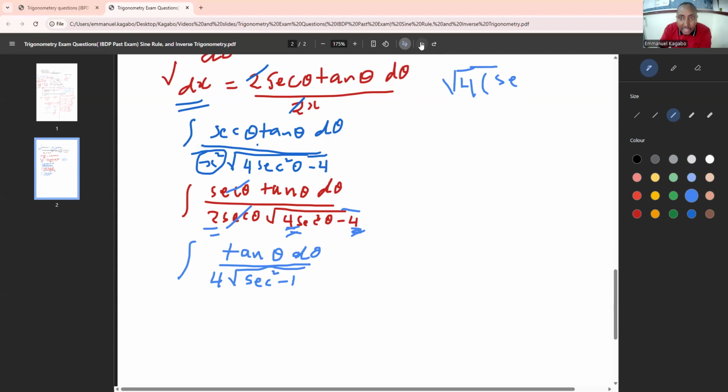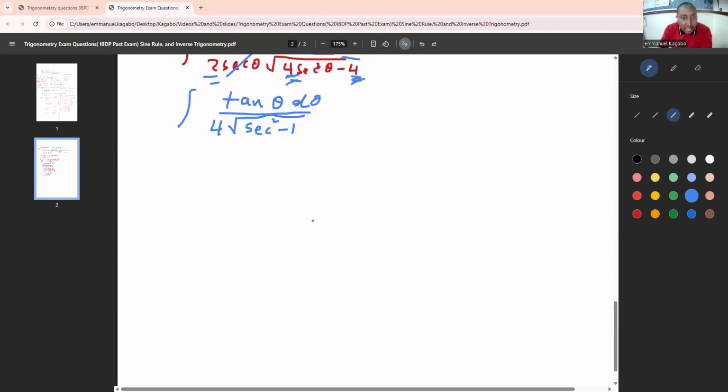Okay, what happens next now? You need to remember some trigonometric identities. What is 1 plus tan squared theta? It's equal to sec squared theta, right?